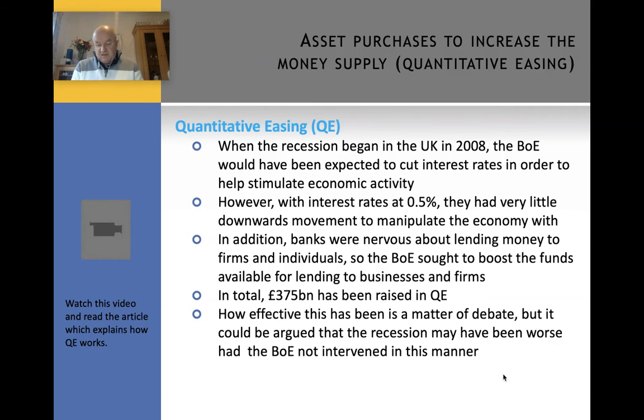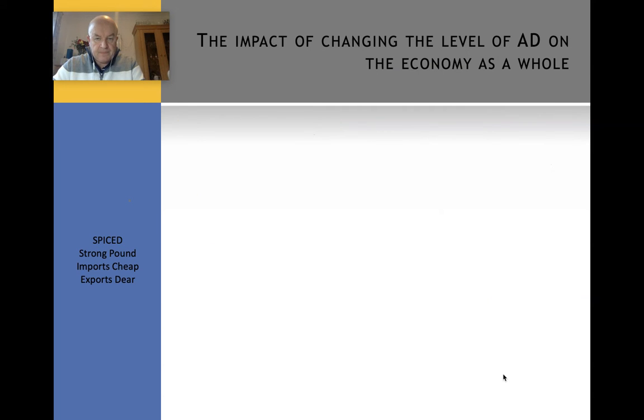One could argue that other things that have been going on have actually helped too, but certainly the argument is that the recession that we had as an immediate consequence of the global financial crisis would probably have been significantly worse had the Bank of England not stepped in to try and intervene and make a difference to the amount of spending that was happening in the economy, to drive economic growth upwards and to bring us out of recession.